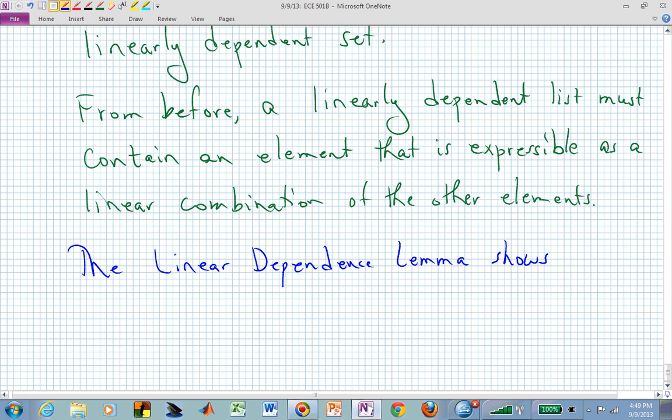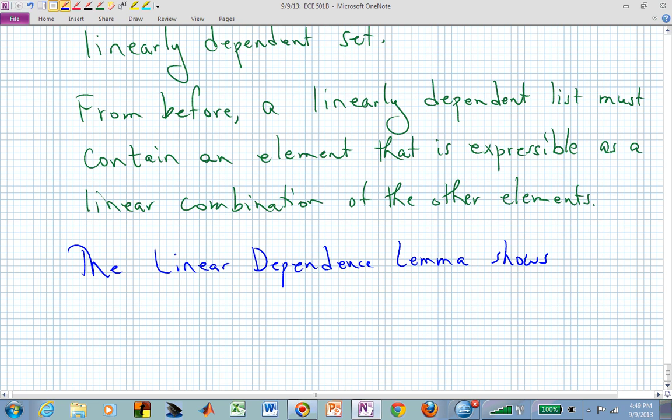Is that too vague, that question? So if I have a set of vectors that are linearly dependent, what can I do with that set and still preserve a property of that set? I can throw things out, can't I, and still preserve the span of that original set. That's what the linear dependence lemma allowed us to do.